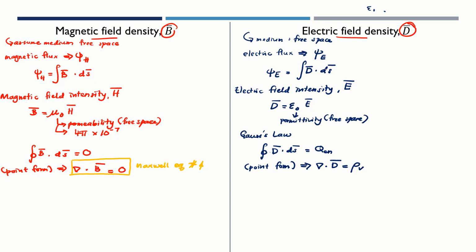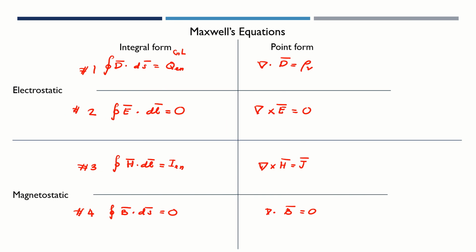Also we compared the electrostatic world and the magnetostatic world. In this slide I showed you the summarization of Maxwell equations from what we have learned, in integral form and point form, for both.